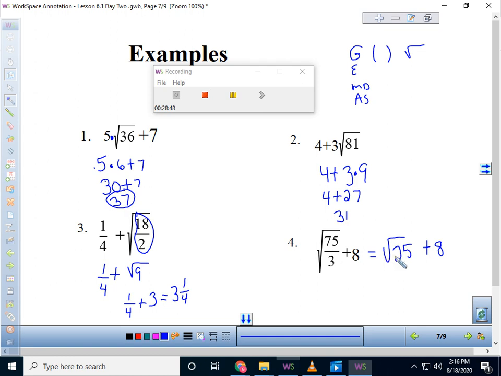That's where I got it from. Now, I haven't taken the square root yet. Now I actually have to take the square root. What is the square root of 25? Well, that's just 5. So now I have 5 plus 8. And what is 5 plus 8? I believe that is 13. And I'm done.